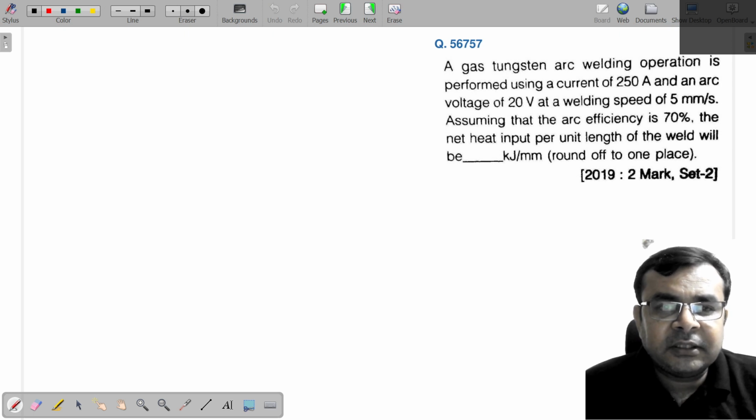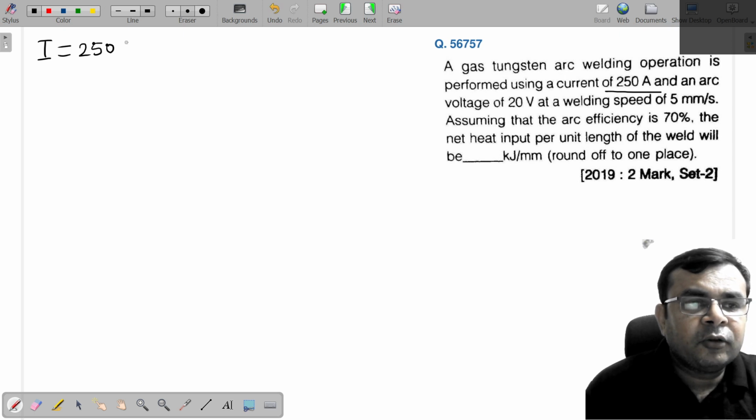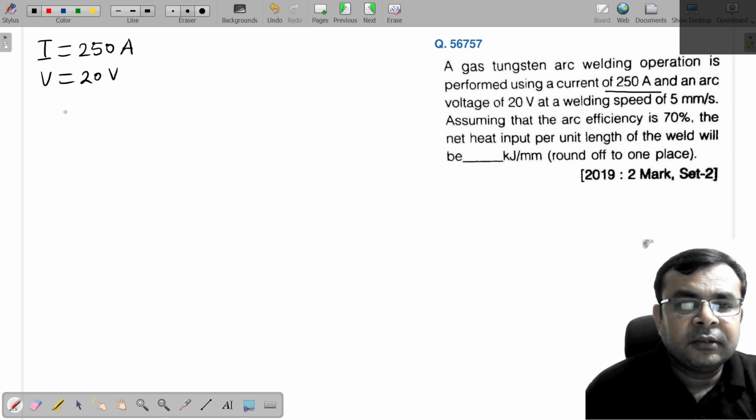Okay, next question you can see, a gas tungsten arc welding operation is performed using a current of 250 ampere. Here the current is given, that is 250 ampere, and arc voltage of 20 volt at a welding speed of 5 millimeter per second.